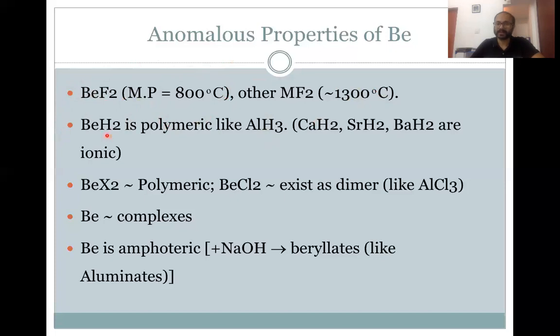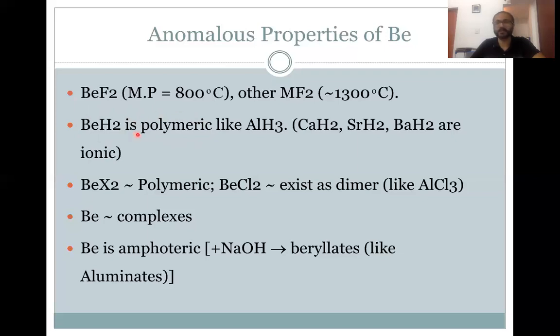Talking about the hydride, here again covalency comes into the picture. The beryllium hydrides exhibit a covalent nature, and therefore, in an anomalous manner, they also show polymerization, making these structures highly polymeric rather than existing as a simple molecule such as BeH2. Beryllium hydrides do not usually exist as BeH2 in their solid form, because BeH2 is usually found in the vapor form, but in the solid form they have a polymeric nature.